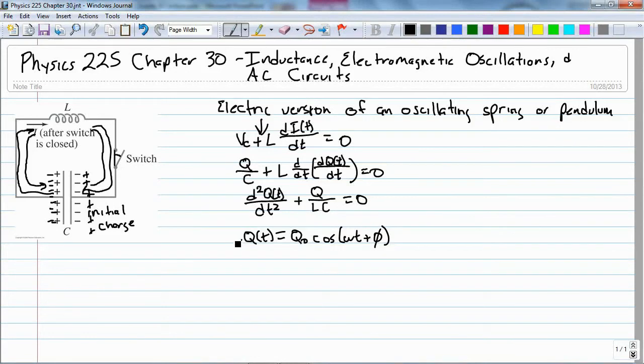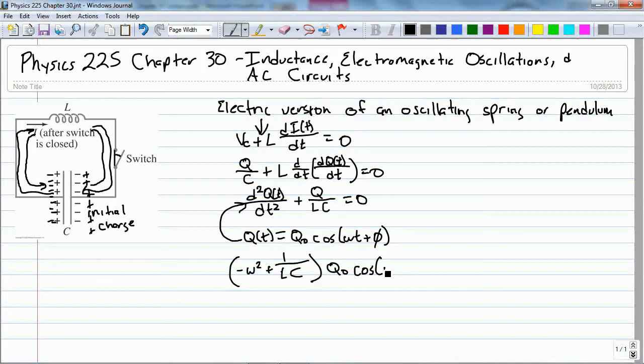And if I put this equation back into my derivative, I'm going to have negative omega squared plus 1 over LC, times Q naught times a cosine of (omega t plus phi), and that's going to have to equal 0. So remember, just put this equation back in, do the double derivative, and you'll be able to get to this point.